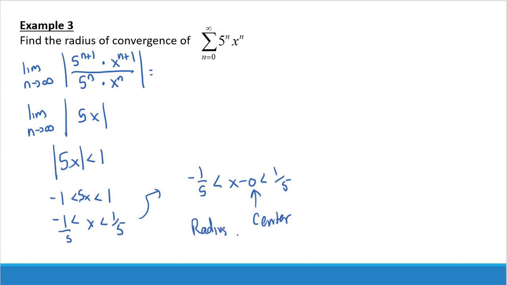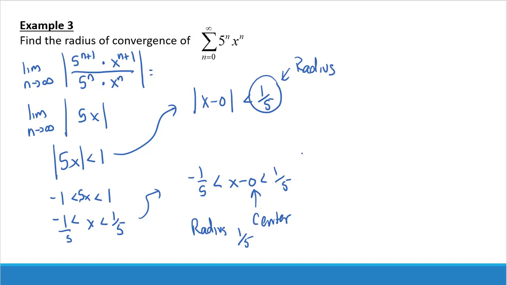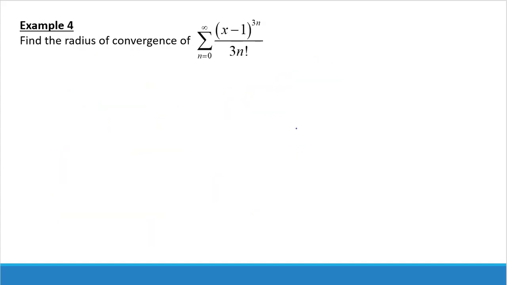I could solve this inequality by dividing by 5, and then I get my radius. Okay, another example, again continuing through using the ratio test.